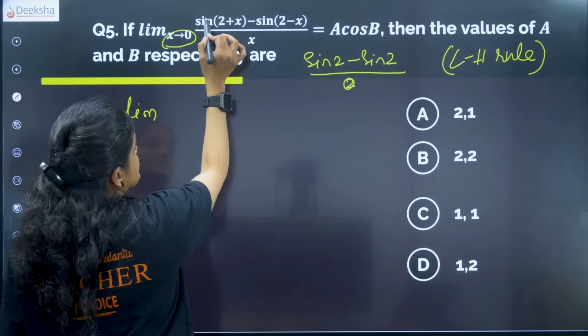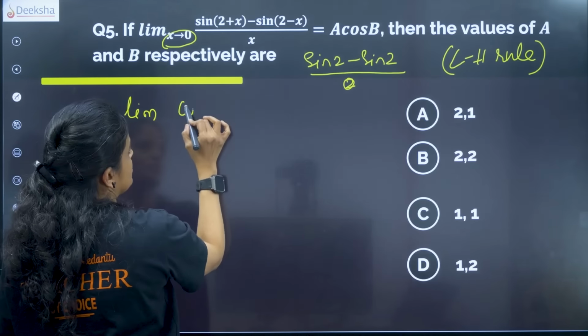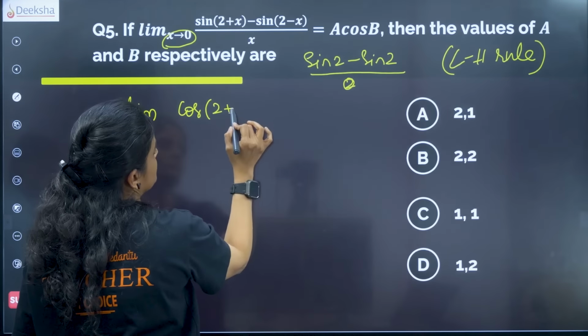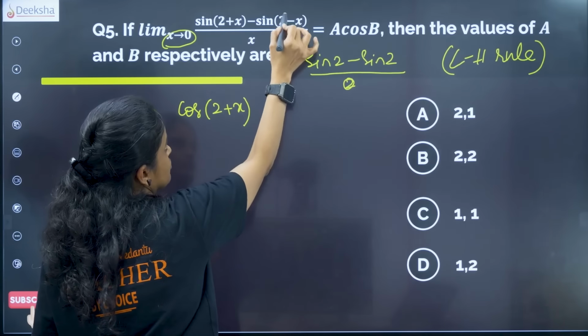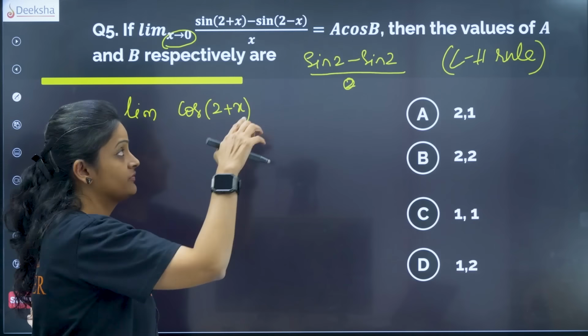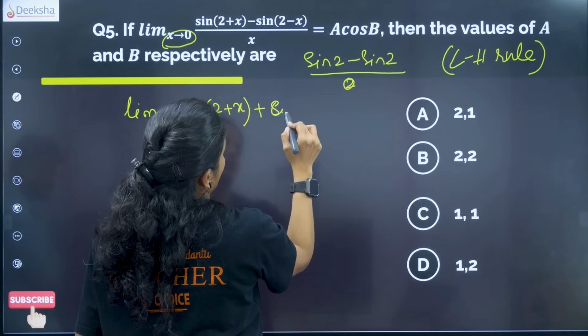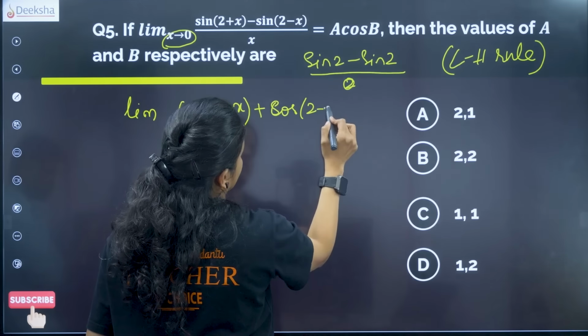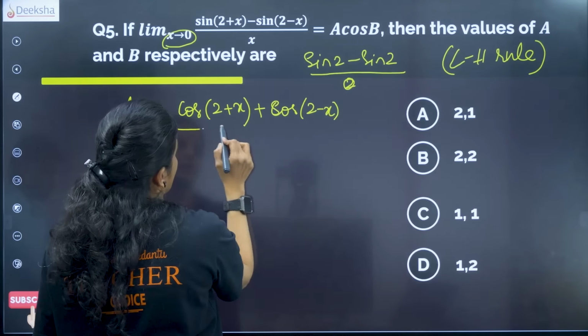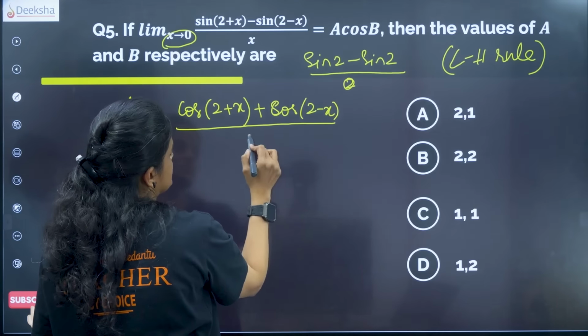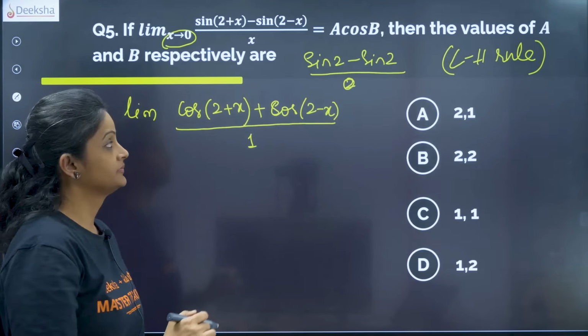Differentiate this term. Sine differentiation will be cos of 2 plus x, and here also sine differentiation is cos, but we have minus there, that becomes plus. So cos of 2 minus x divided by differentiation of x, which is 1.